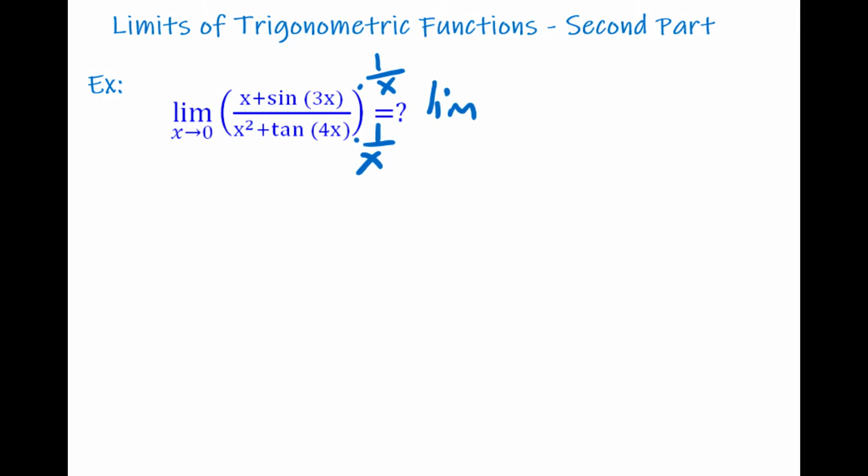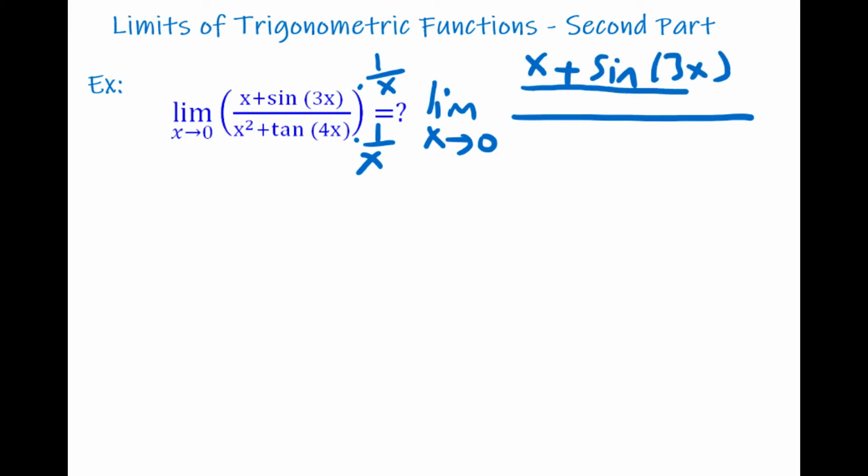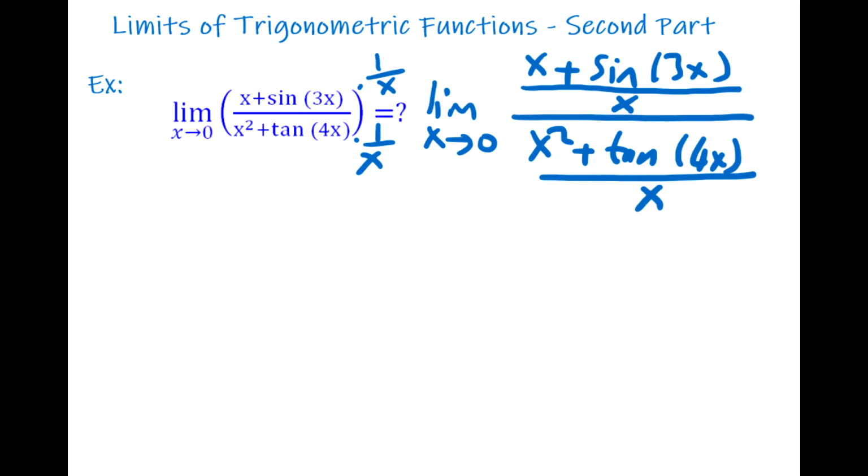And then we're going to have limit when x goes to 0, guys. So I'm going to have x plus sine of 3x divided by x squared plus tangent 4x divided by x, guys.